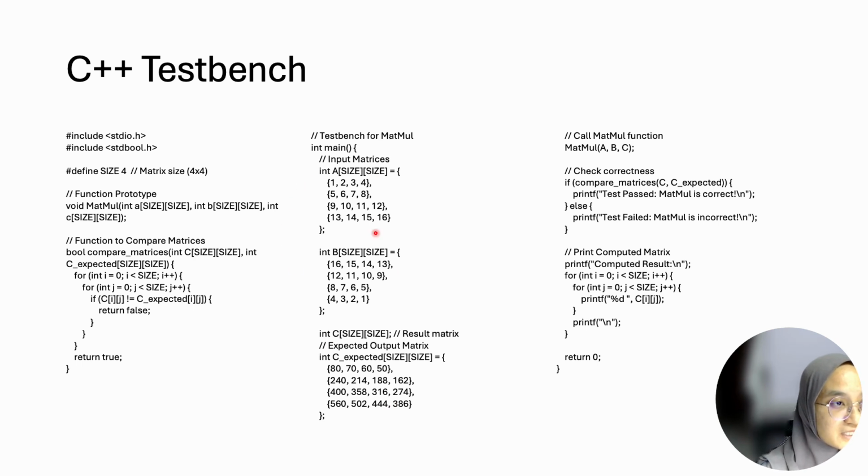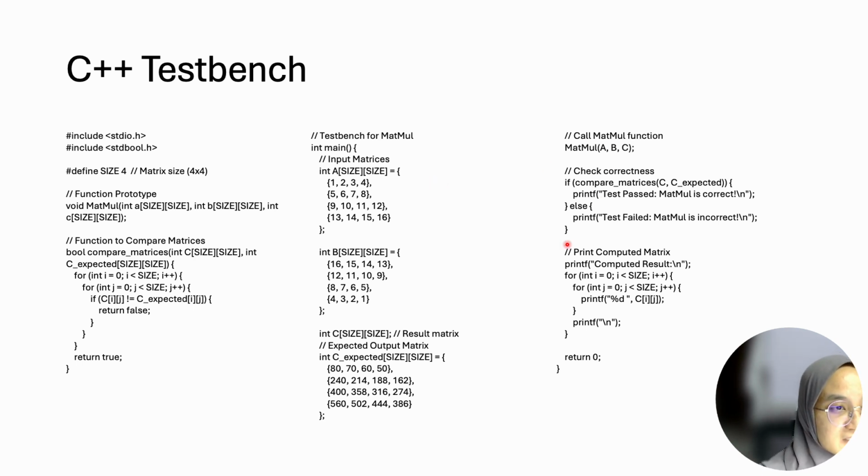Input A and input B have been defined with these values, and they are given as input to the design function, which we call here in the matmul in the C test bench main code.